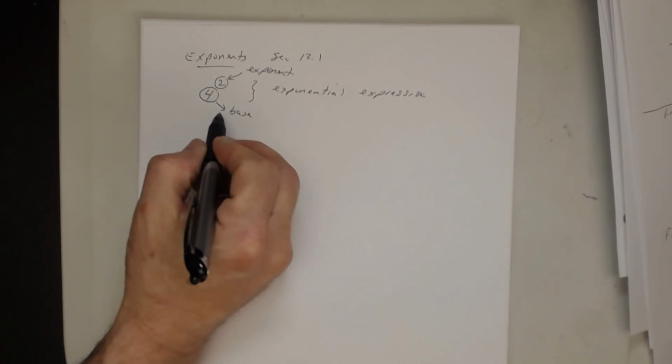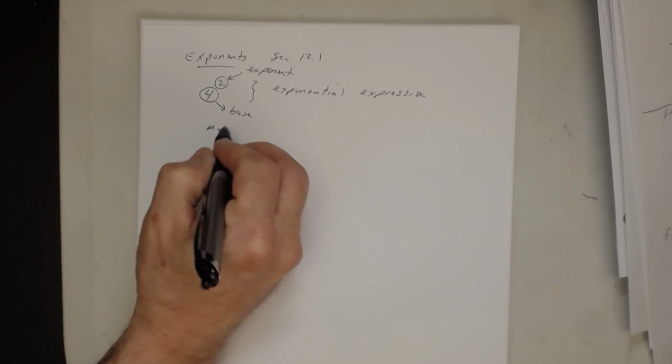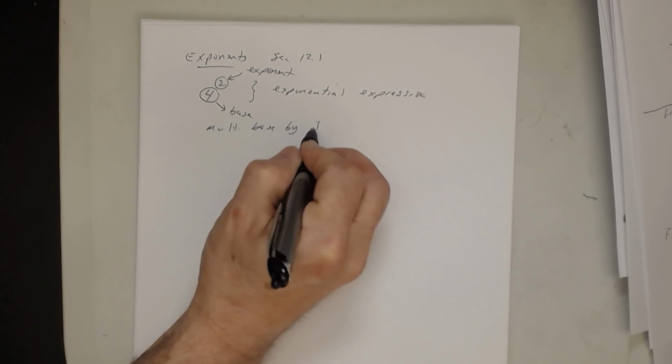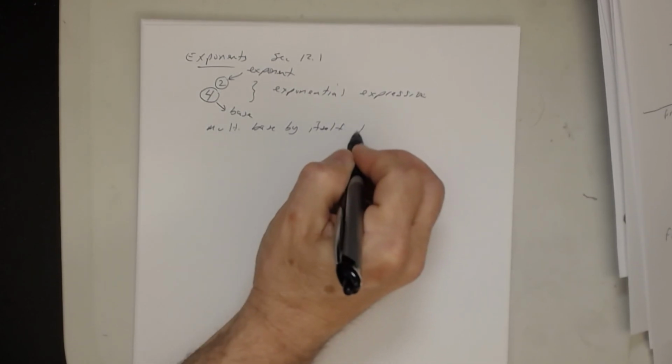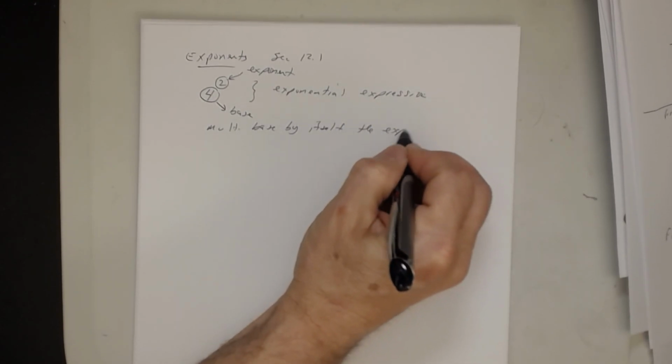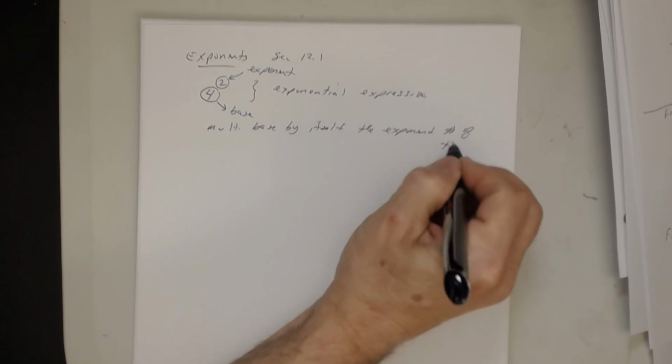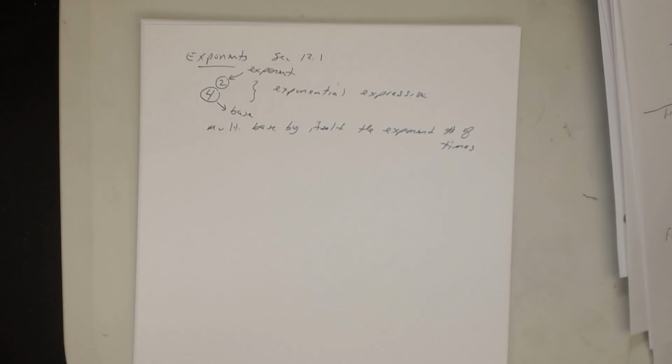Now, 4 to the second power means you multiply the base by itself the exponent number of times.